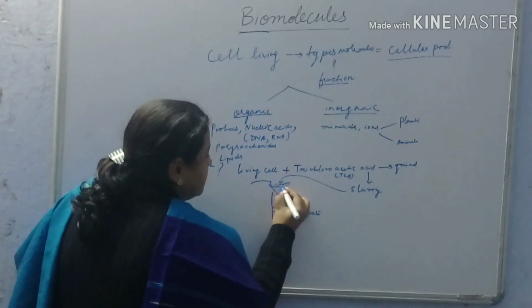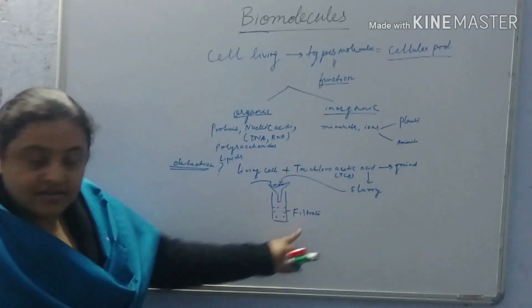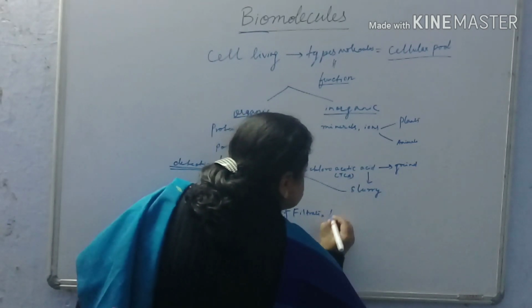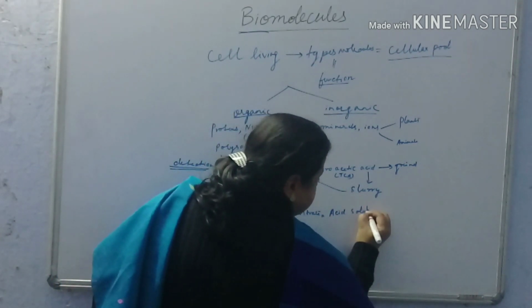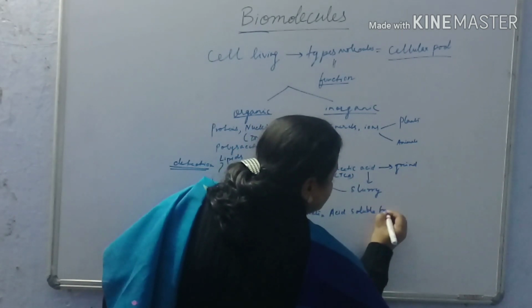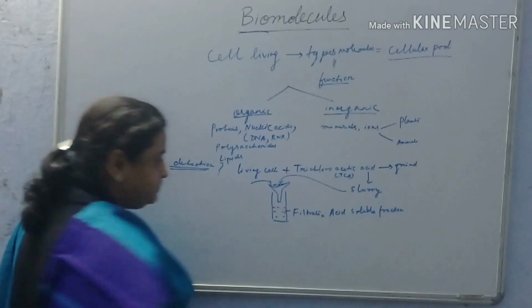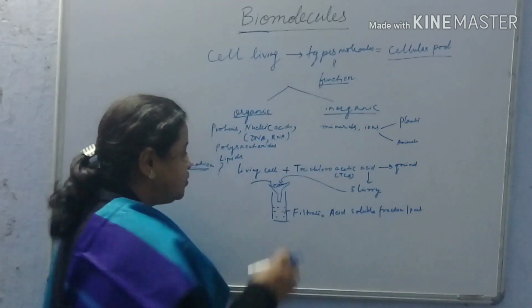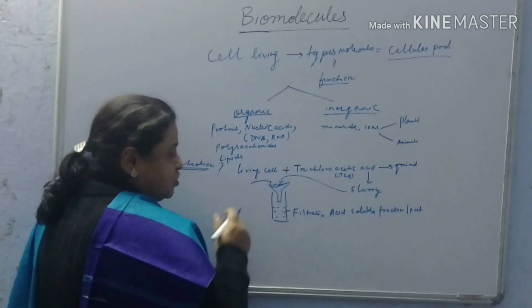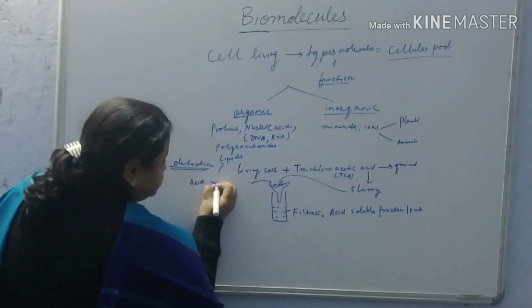Okay, so this filtrate is called the acid soluble part, or you may call it the acid soluble fraction. Anything, it's your wish. And in this portion you get the acid insoluble part.